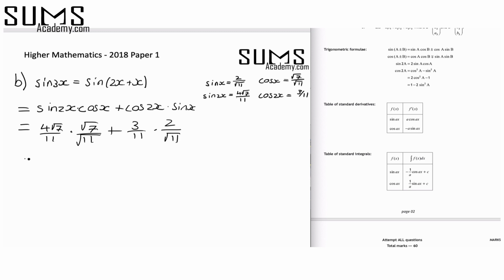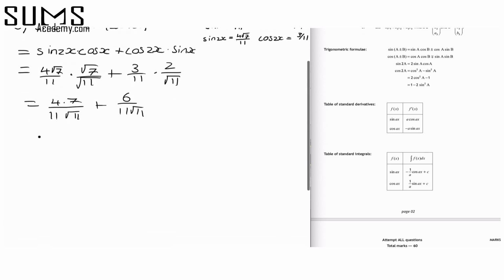So what does this equal? 4 times 4 root 7 times root 7, the root 7's just become 7, so that becomes 4 times 7 all over 11 root 11, plus 3 times 2 is 6 all over 11 root 11.